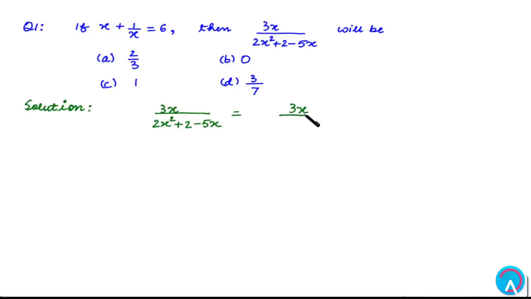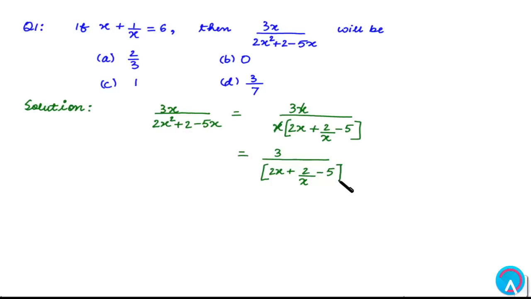3x, and in the denominator, if we take x common, inside we'll be left with 2x plus 2 by x minus 5. X gets cancelled with x. This is equal to 3 by 2x plus 2 by x minus 5.